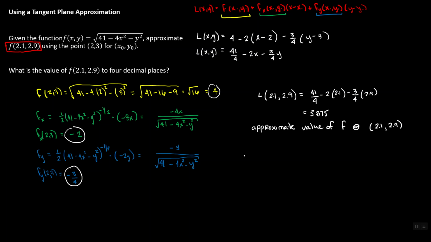If we want to, since we do have the actual definition for our function f, we can compare our approximate value to the actual value. So f at 2.1, 2.9 should be fairly close to the value 3.875, but let's check to see how close.